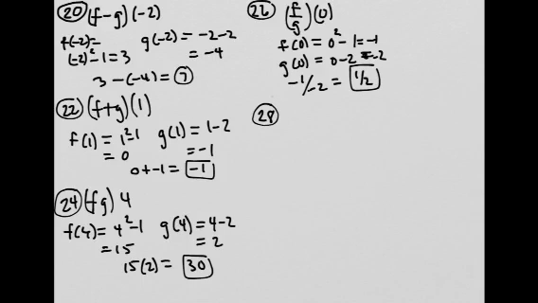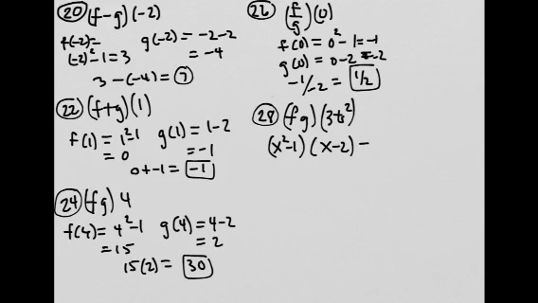28. fg of 3t squared. Okay, for this one I might go the other way where I do f times g first and then replace the x's with 3t squared and see how that goes. So f times g, x squared minus 1, times g, which is x minus 2.